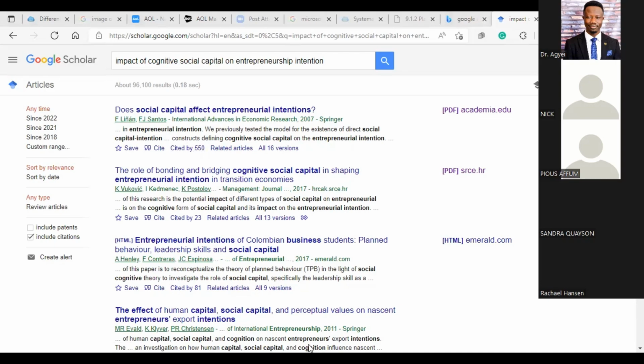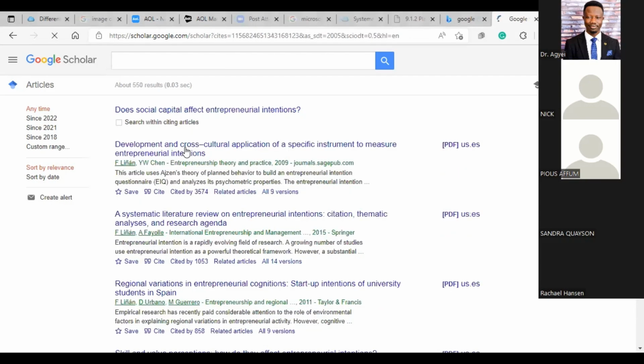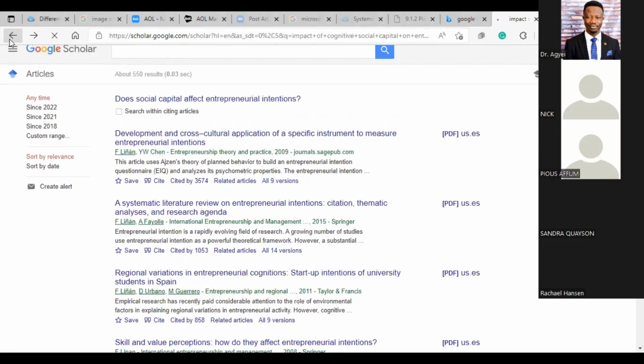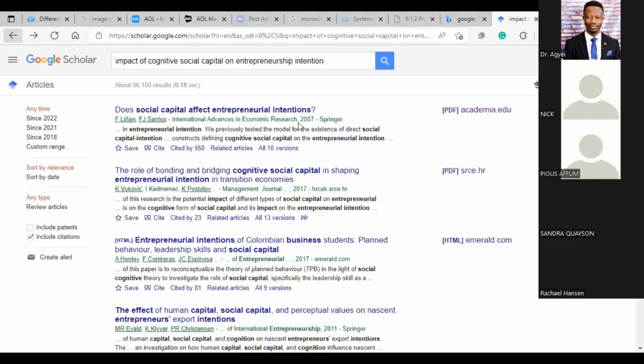That will be my forward search and my backward search. If I click on this 550, you see that it has given me all the articles that have cited that study. This one was written in 2007.